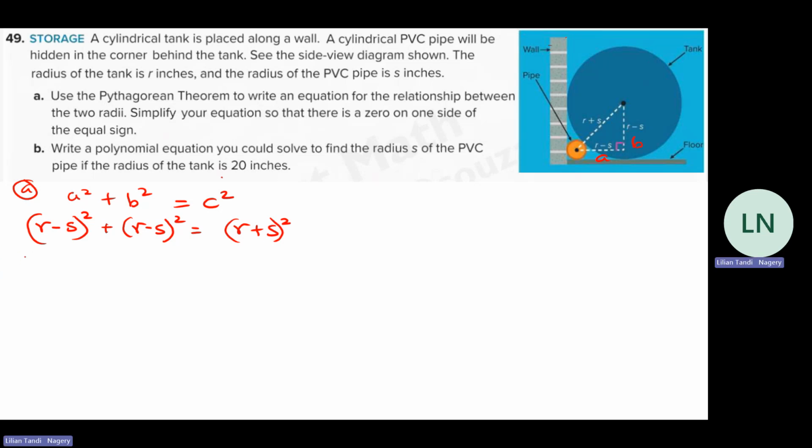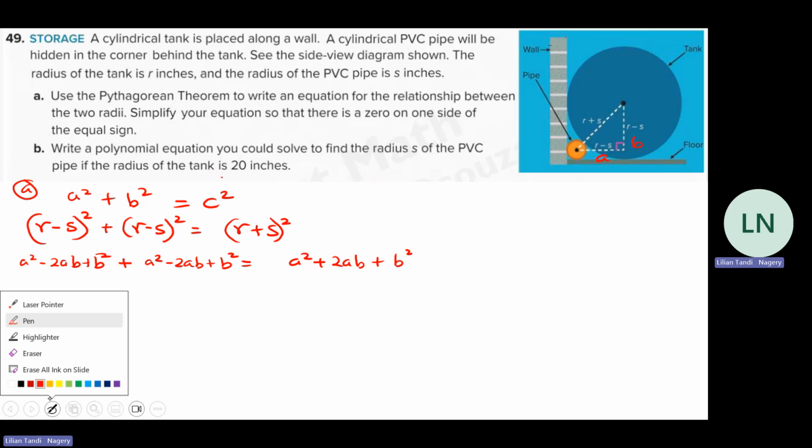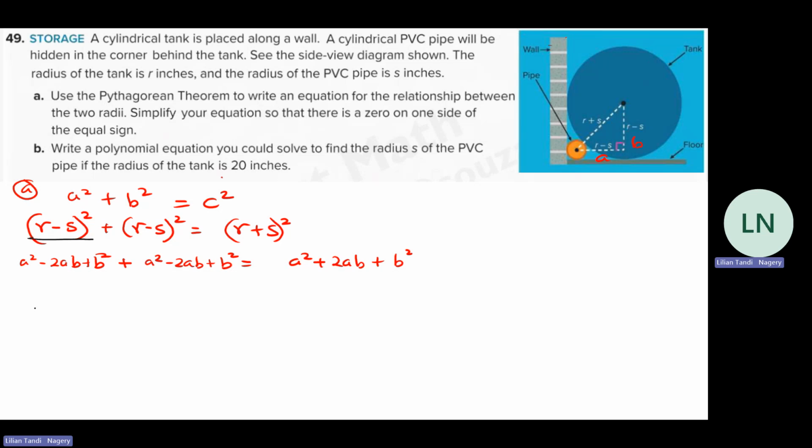We use the rule a squared minus 2ab plus b squared for the first two, and a squared plus 2ab plus b squared for the right side.